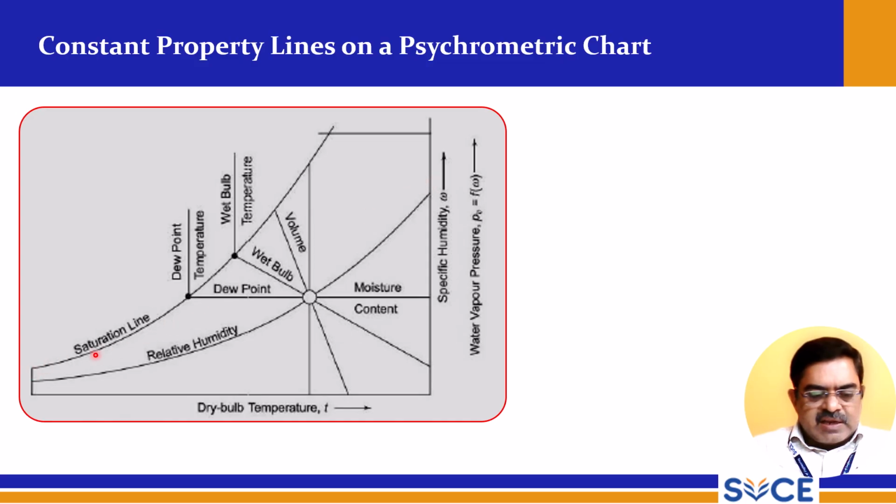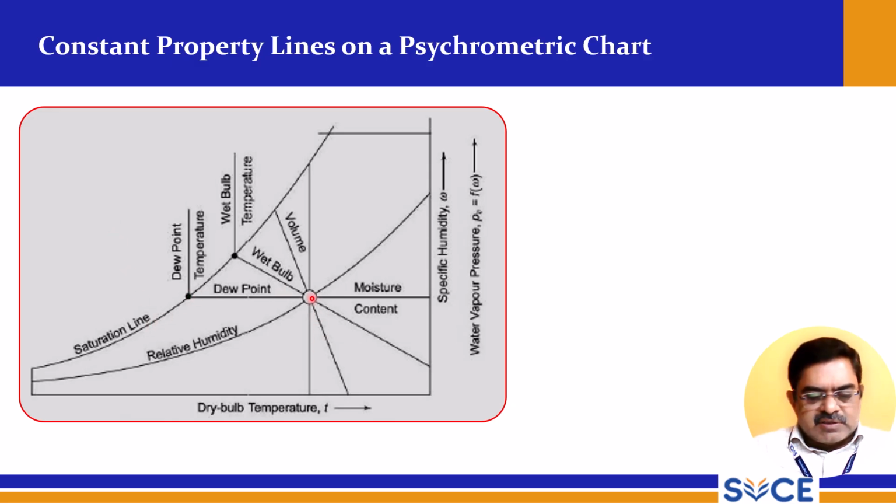Now this line is known as the saturation line. This line is very important, where the humidity is 100%. After that the air cannot absorb any water content, because the saturation state is reached with this curve. So the saturation line separates the states where it cannot absorb any more water.